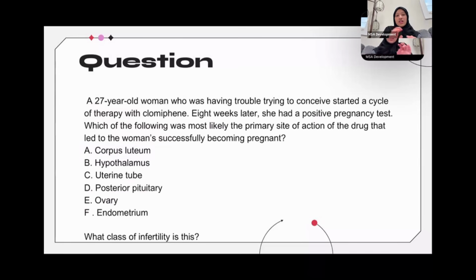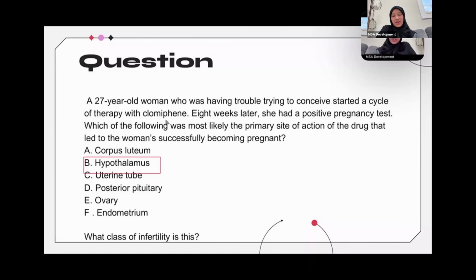A 27-year-old woman who was having trouble conceiving started clomiphene. Eight weeks later, she had a positive pregnancy test. Which of the following is the site of action of clomiphene citrate? So where does clomiphene work again? Remember, it works in the hypothalamus. You want to block the receptors there so that the hypothalamus can work.